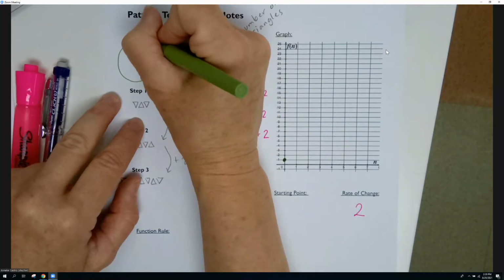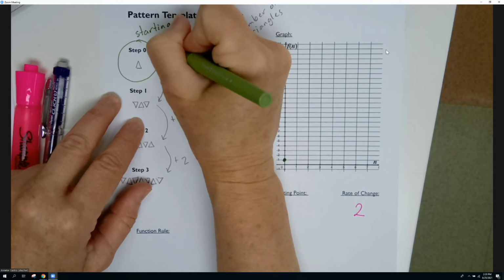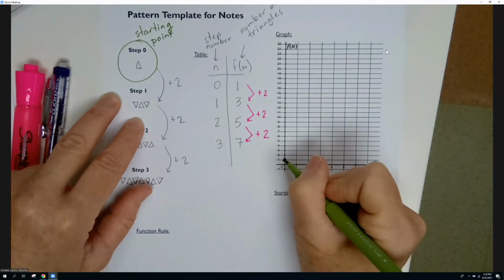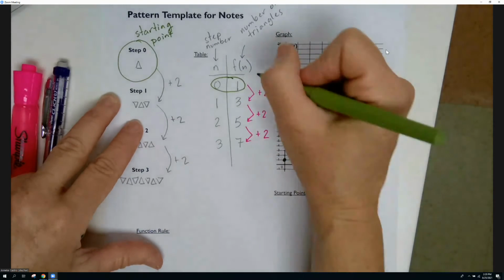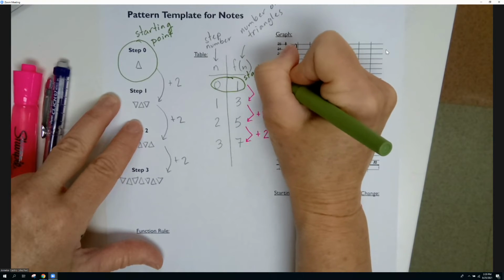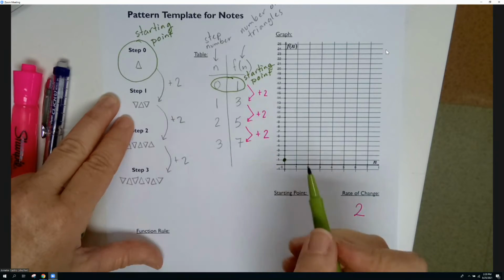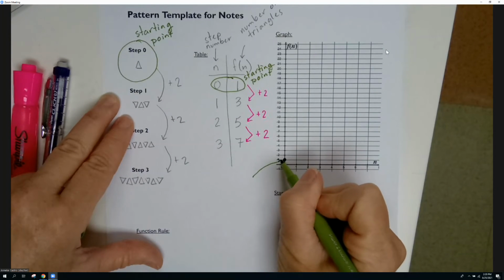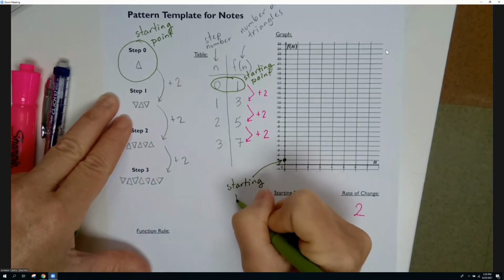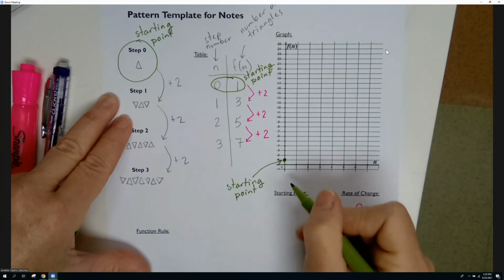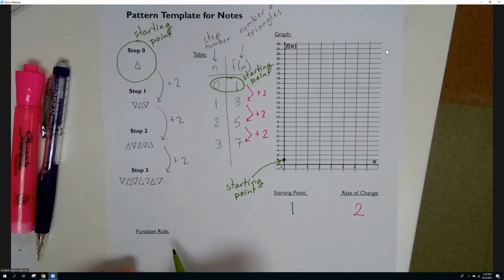I can see it in lots of different ways on this paper: in the table, in the picture as step 0, and on my graph on the y-axis. So what's my starting point? It's positive 1.